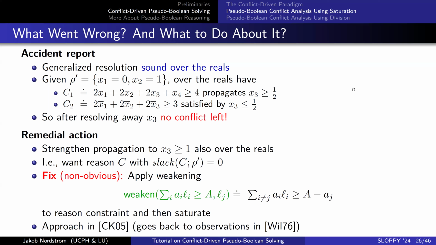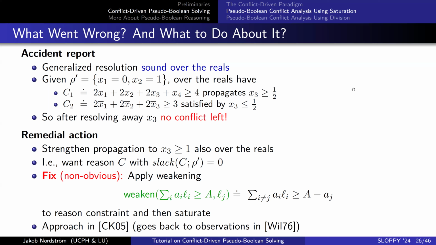So somehow what we'd like to do is to strengthen the propagation to be actually tight, to propagate x3 to 1 also over the reals, which if you think about it would mean that a tightly propagating constraint is a constraint that has slack 0. So I would like a reason C with which over rho prime, x1 being false, x2 being true, has slack exactly 0. And the problem is I don't have such a reason. How can I get one?